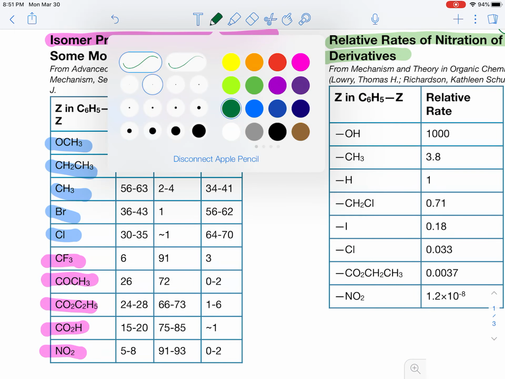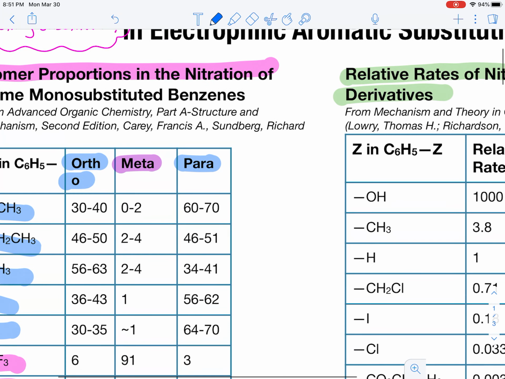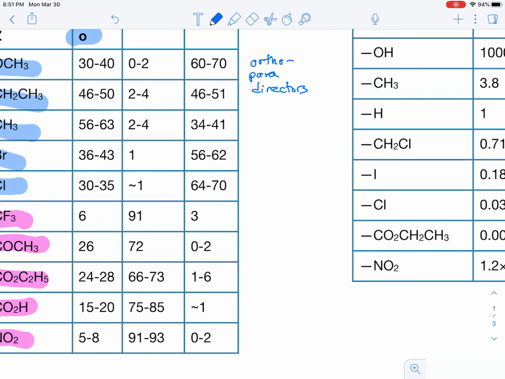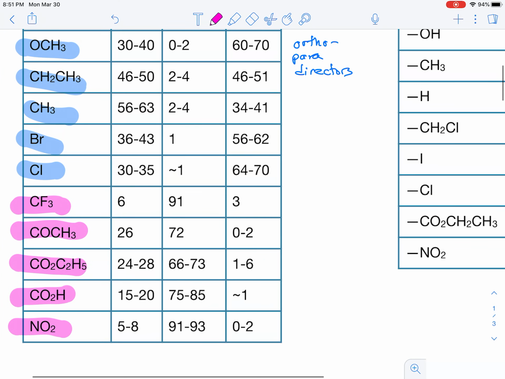We can use terminology here. We can refer to the ones that tend to send it ortho and para as ortho, para directors. And then we can refer to the ones that direct it meta as meta directors.